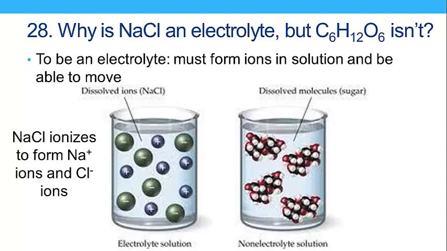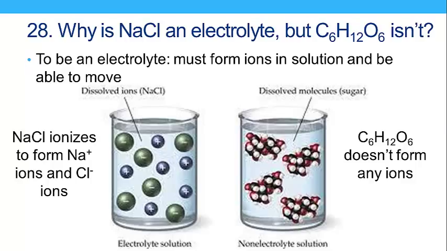So NaCl forms ions. Whenever you dissolve sugar, it breaks apart into sugar molecules. These molecules don't have any charges, so overall, we don't form any ions. Even though the molecules can freely move, they're not charged particles overall, so we don't have any conduction.